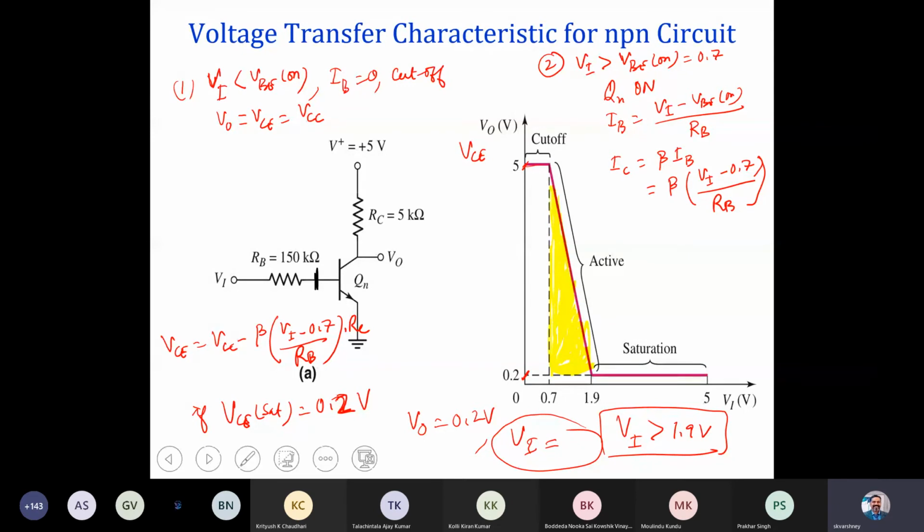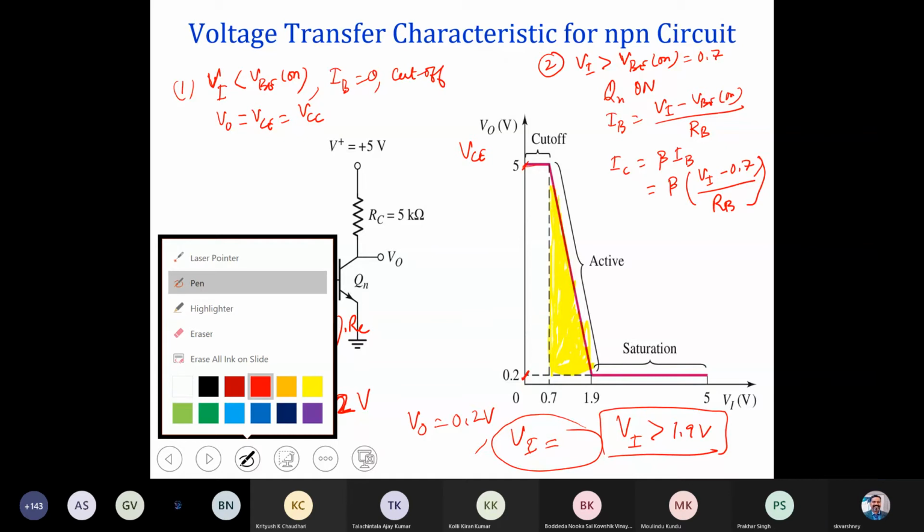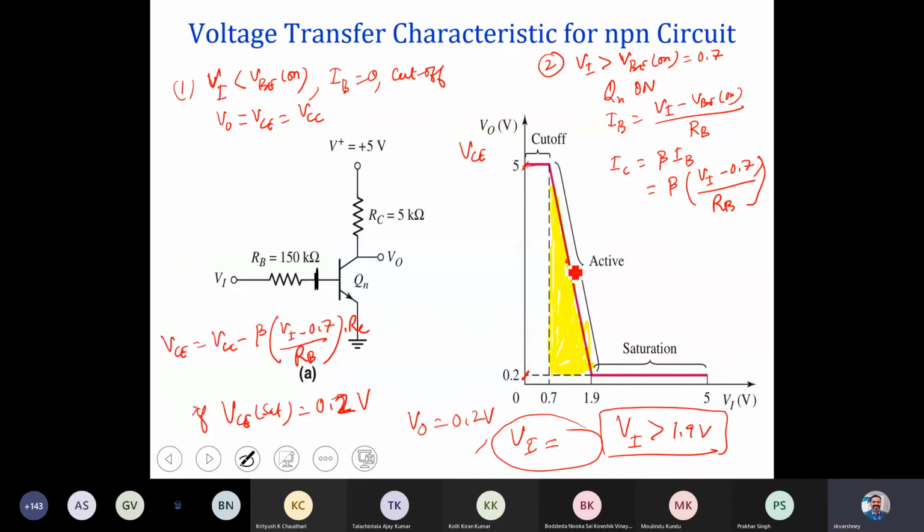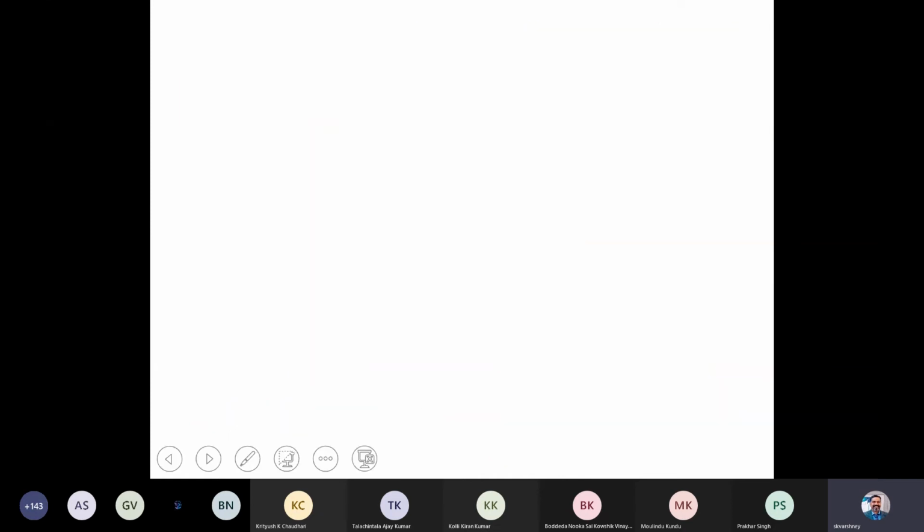So what's happening actually? Let's say you have the Q point somewhere here in the circuit. Let me draw it once again very clearly.